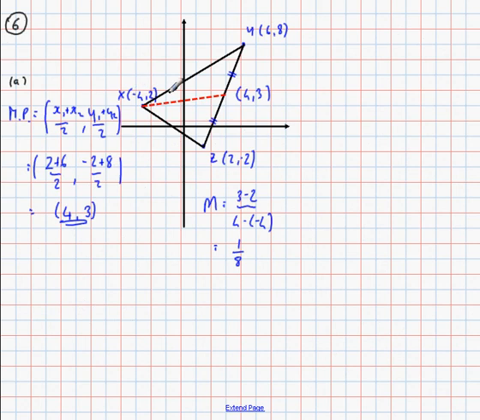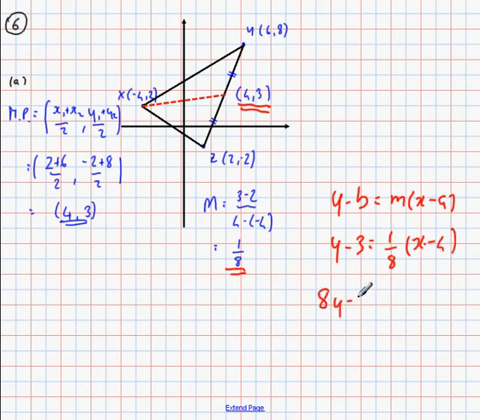So we can choose either one of these points to sub into y minus b equals m bracket x minus a. Let's choose 4, 3, and we've also got the gradient, which is 1/8, so it's y minus b equals m bracket x minus a. Subbing in, that will be y minus 3 equals 1/8 bracket x minus 4. We can eliminate the fraction by multiplying both sides by 8. That will be 8y minus 24 equals 1 bracket x minus 4.